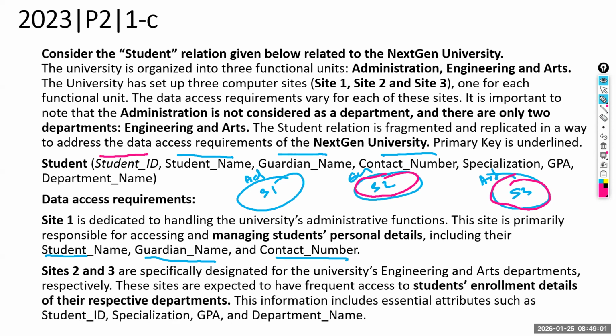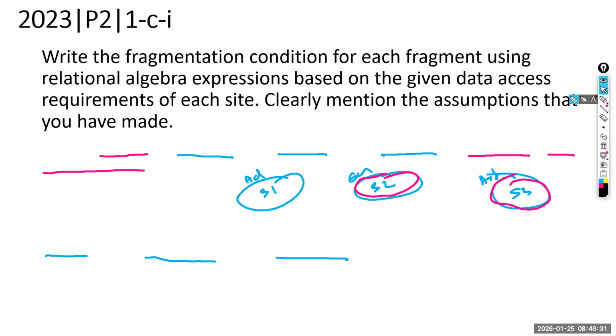And student ID, specialization, GPA, and department name. This information includes essential attributes such as student ID, and so on. Okay, right. Now the question.